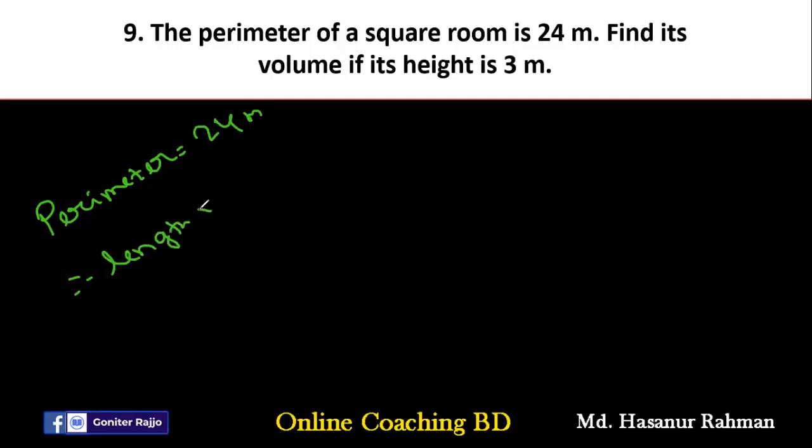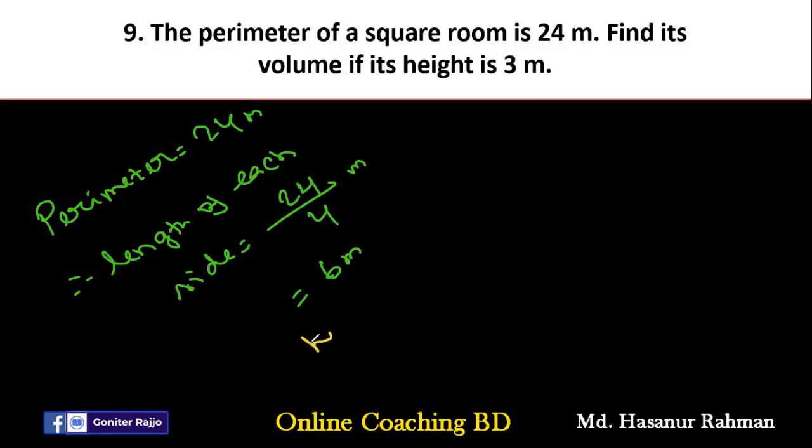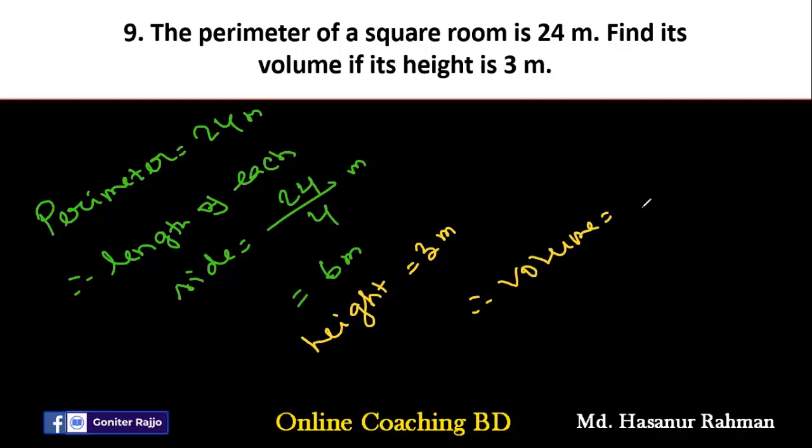Therefore, the length of each side will be 24 divided by 4 meter, that means 6 meter. And the height is already given as 3 meter. Then what will be the volume? The volume will be 6 multiplied by 6 multiplied by 3.